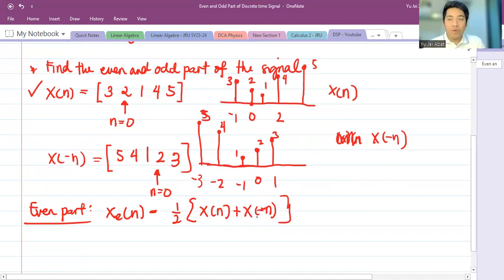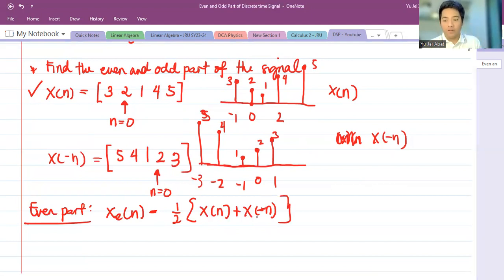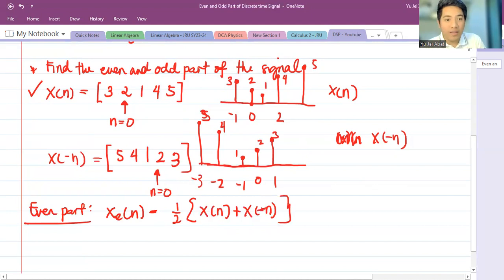The purpose of getting x of negative n is to know where we start, what the elements of the even part are. So we look at the lowest n here, which is n equals negative 3, and this is n equals negative 1 on the original signal.